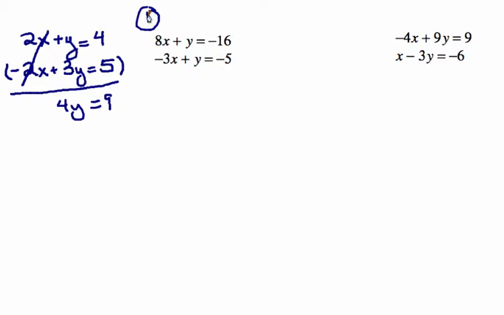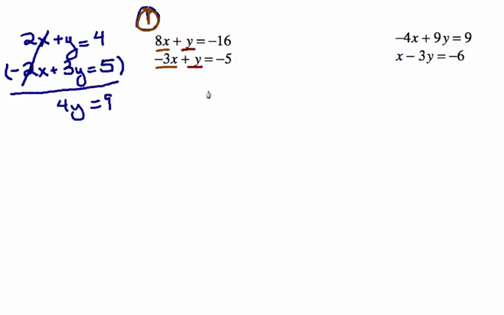In this first example here, we have 8x plus y equals negative 16 and negative 3x plus y equals negative 5. So the 8x and the negative 3x, if we added those together, would not cancel out. We would get positive 5x. Additionally, if we did the y here plus the y here, we would have a total of 2y, again not eliminating a variable.